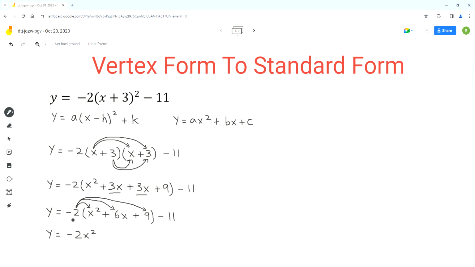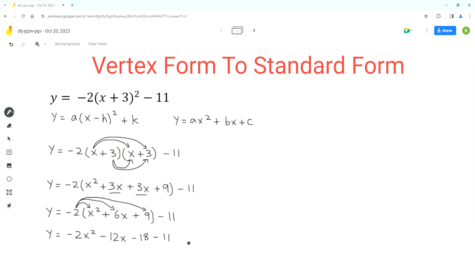So basically we have to do -2 times 6, which is equal to -12, and we keep the x. Next we have to do -2 times 9, which is equal to -18. So now we don't need to write the parentheses because there is nothing to separate from these terms, and we just write the -11 at the end.